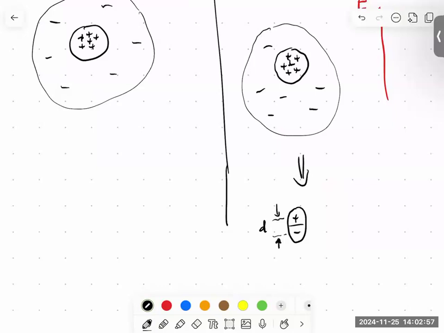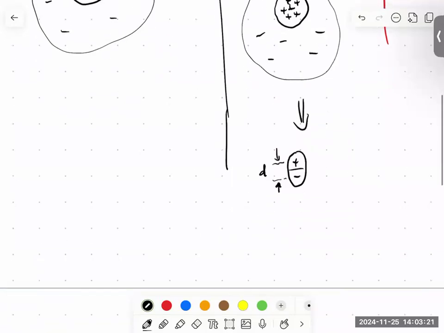Now, we're not going to be interested in individual atoms per se, but a material that's made up of a large collection of these neutral atoms. When we put that material in an electric field, all of the atoms get this sort of effect, and so they combine to make a large macroscopic effect that we can observe in these materials in an electric field.